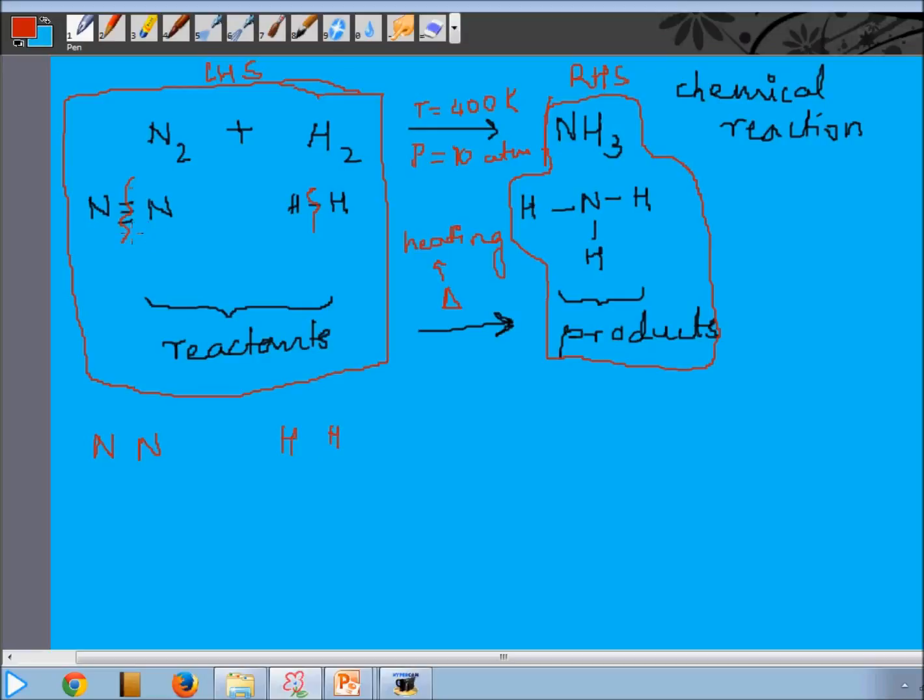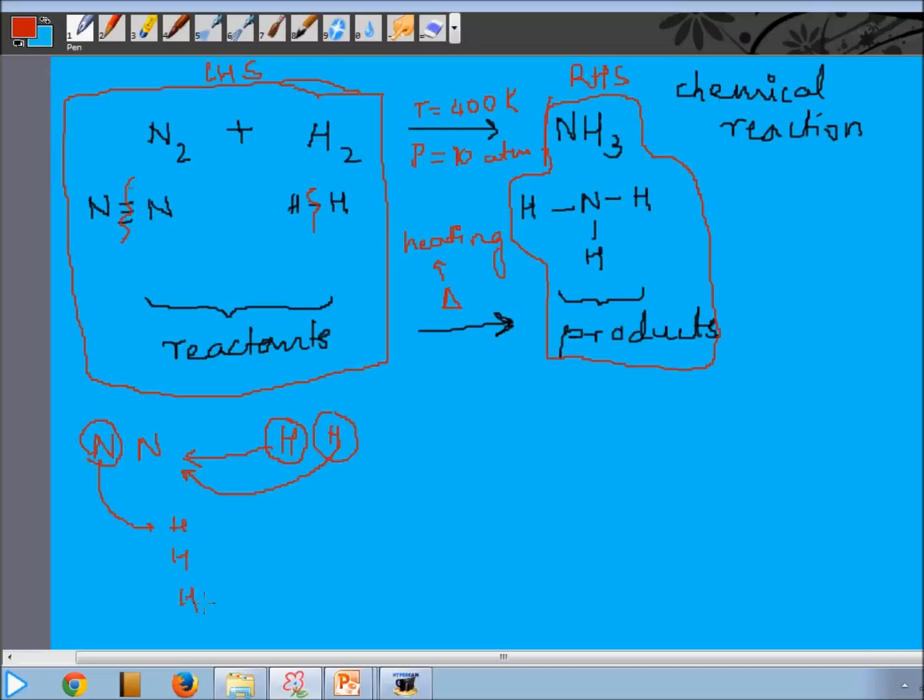Now the second step is rearrangement of atoms. I know that the product is ammonia, that is, the nitrogen is no more combined with another nitrogen atom. Instead it is attached to hydrogen atoms. So the hydrogen atom is going to shift from here towards nitrogen. So there is going to be rearrangement of atoms. Similarly, this nitrogen atom is going to combine with other hydrogen atoms present in the container.